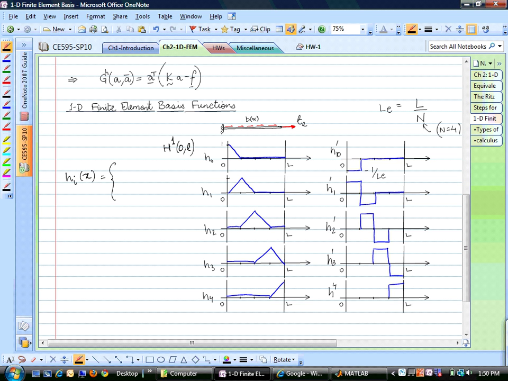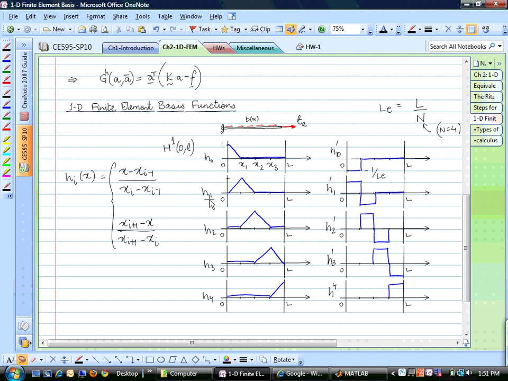If we write this as x minus x_{i-1} over x_i, where all these values are x0, x1, x2, x3, and finally x4 is L. Okay, so all I'm doing here is expressing the value of this function.